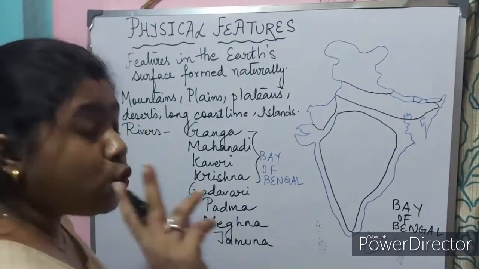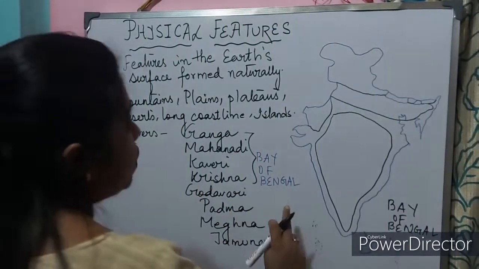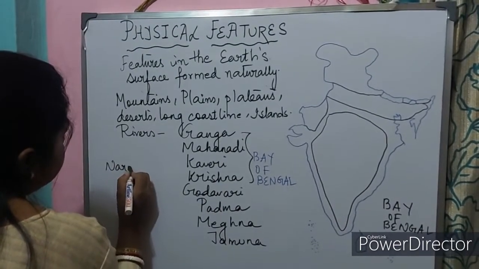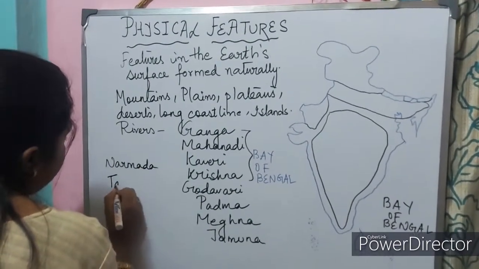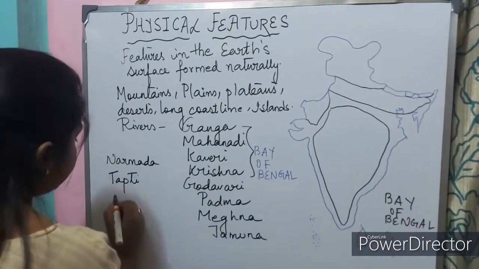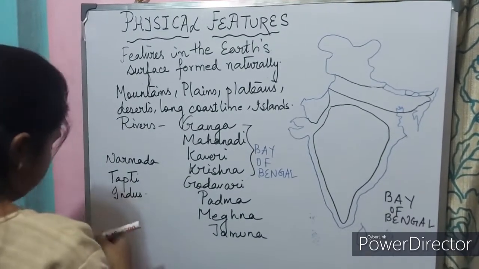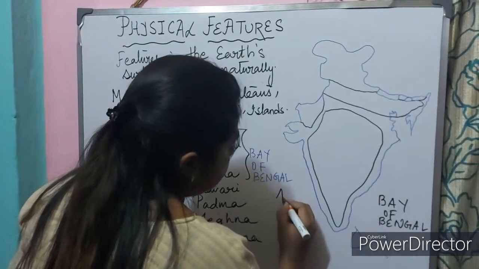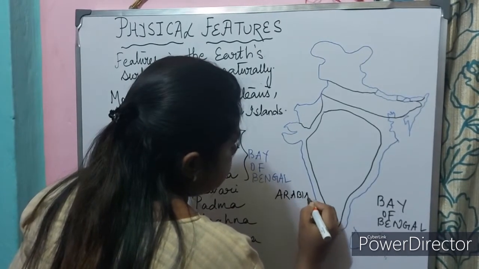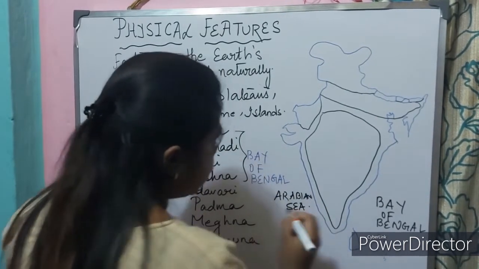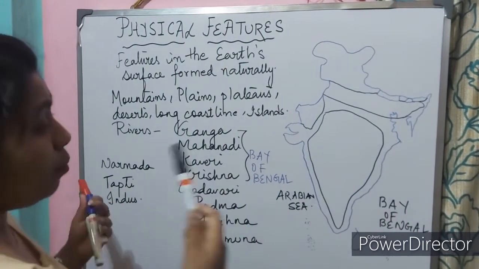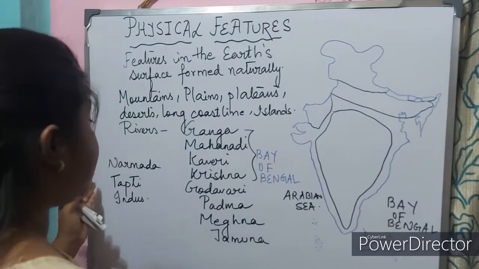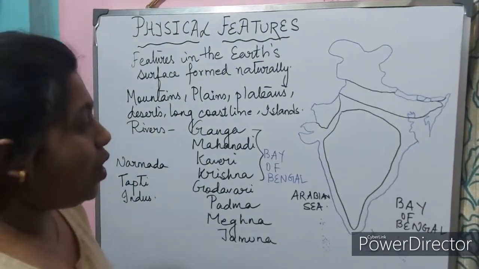There are two rivers which drain into the Arabian Sea: Narmada and Tapti, and also Indus. So if the question comes which sea the Godavari drains into, it will be the Bay of Bengal. Which sea Narmada drains into, it will be the Arabian Sea, right?